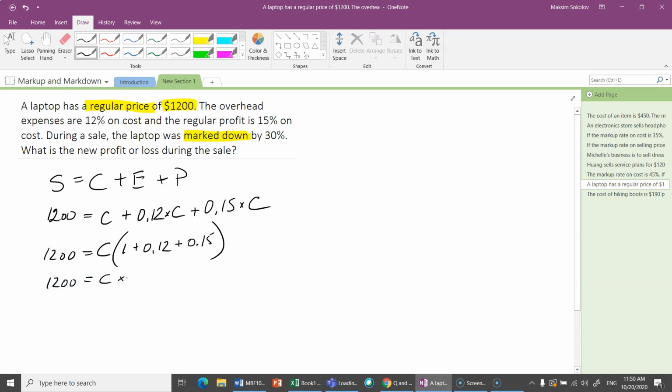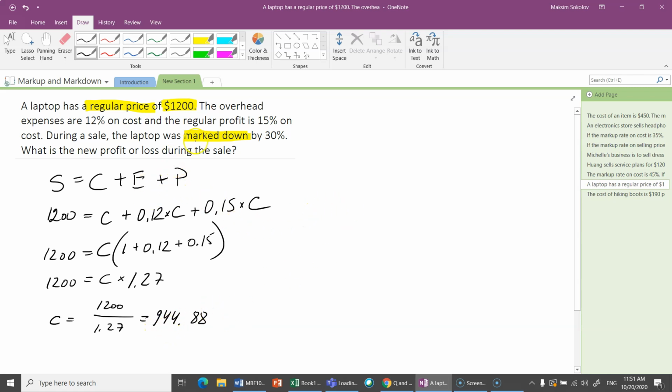C times 1.27. C is 1,200 divided by 1.27, and it is 944.88. This is a very similar process to what we did before.